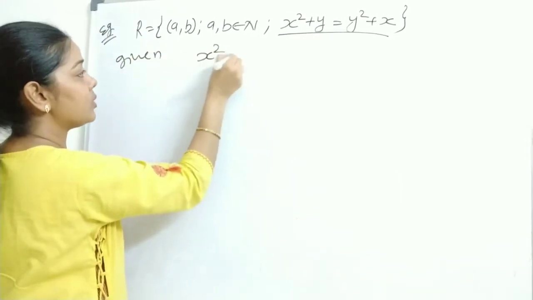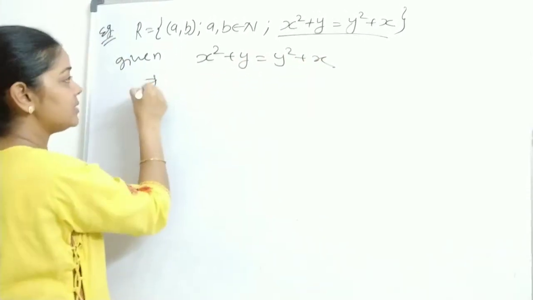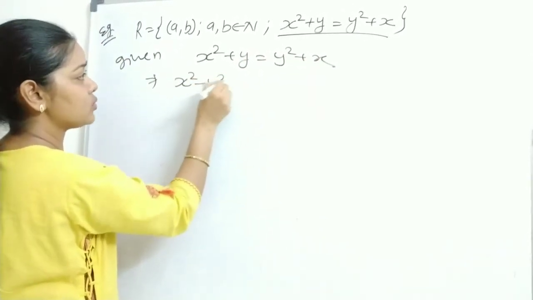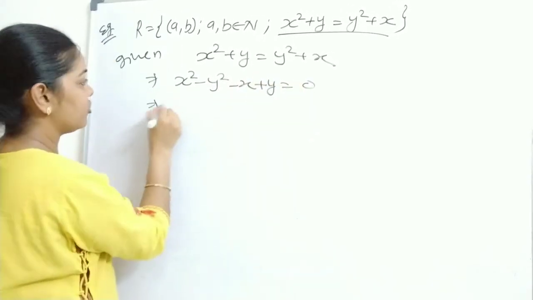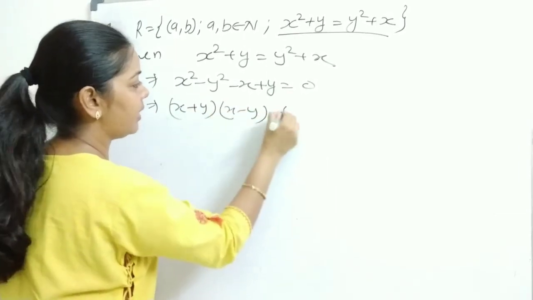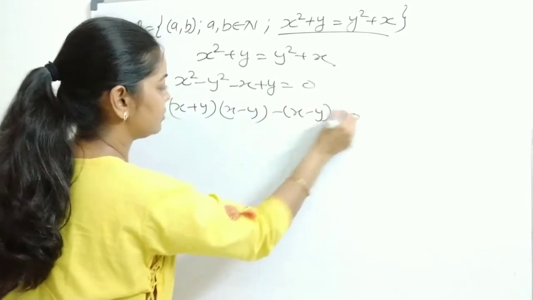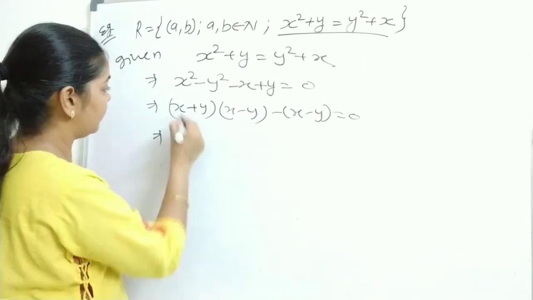Given that x square plus y equals y square plus x. It means x square minus y square minus x plus y equals 0. I can write (x plus y)(x minus y) minus (x minus y) equals 0. We are just taking the factors of it.